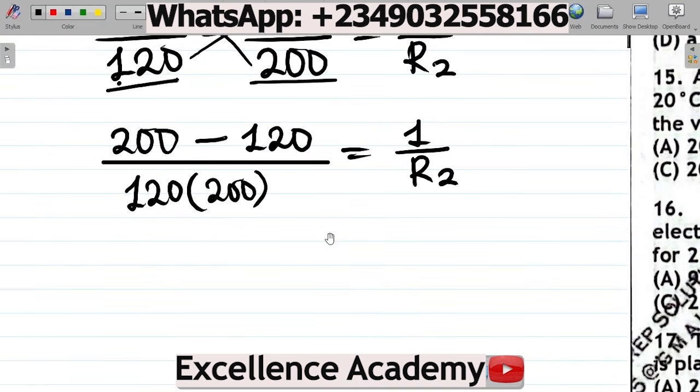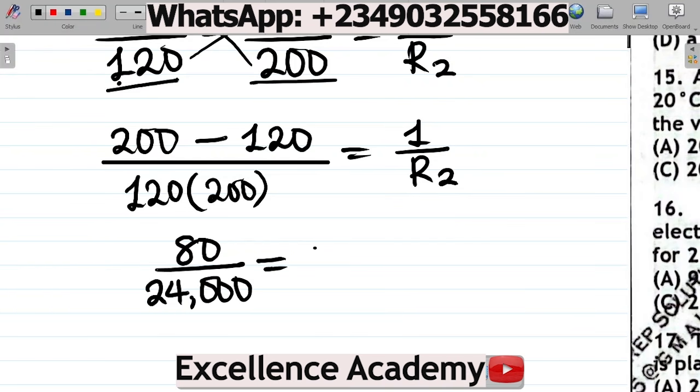Let's work on this. Let's subtract the numerator. 200 minus 120, what I have there is 80. So I have 80 all over, next up, 120 times 200. If you multiply that, you have 24,000. You have this is equal to 1 all over R2.